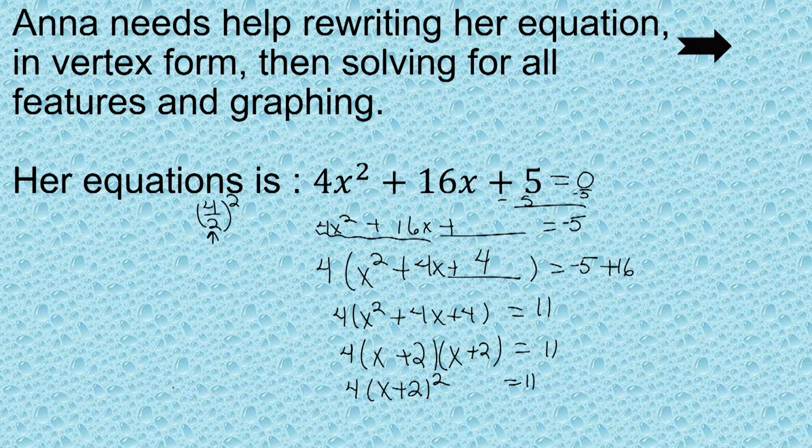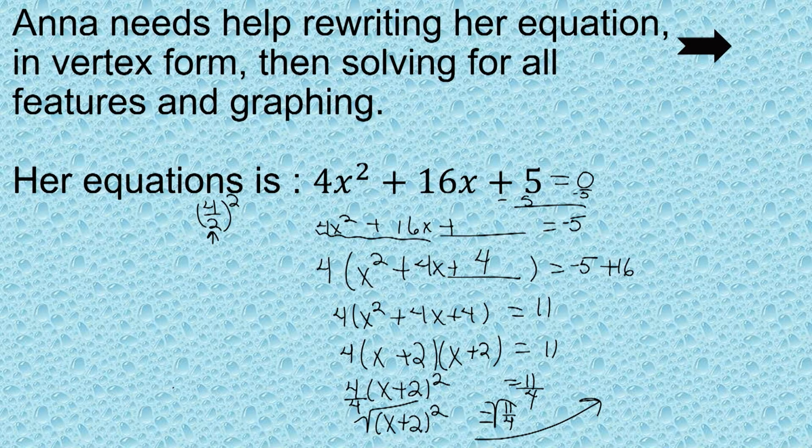Good job. Now, I need to move everything away from that variable. So the first thing I'm going to do is move that GCF. Since I'm multiplying by the GCF, I'm going to divide. And I'm left with x plus 2 squared equals 11 over 4. That does not give me a pretty number, so I'm just going to leave it as my fraction. To get my x by itself, I'm going to take the square root.